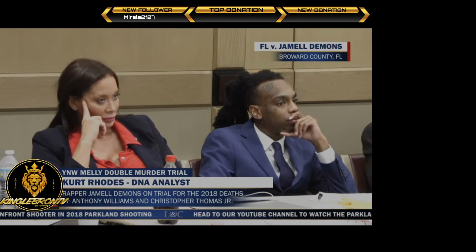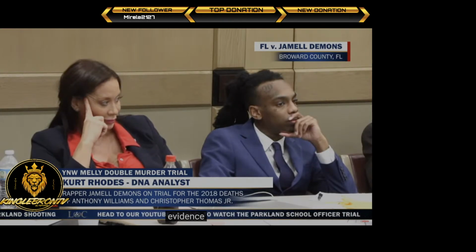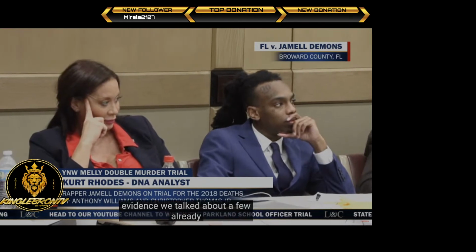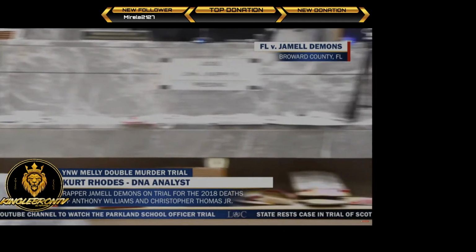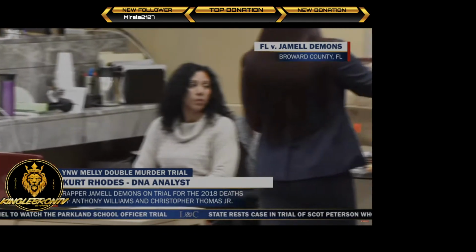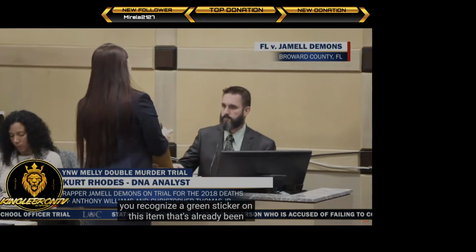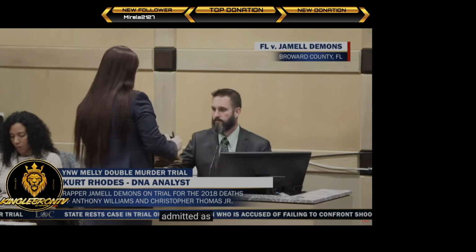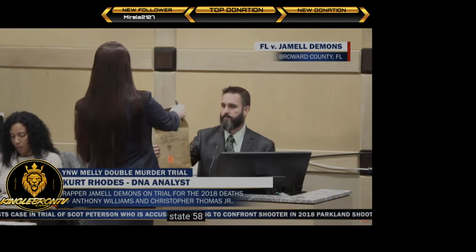In front of you, there's a stack of items that have already been admitted into evidence that you may approach. We've talked about a few already here. Do you recognize the green sticker on this item that's already been admitted as State 58?